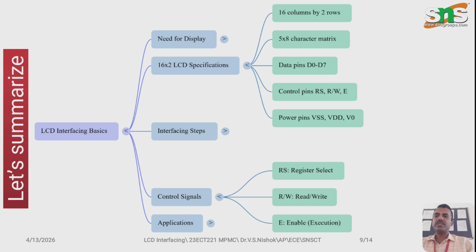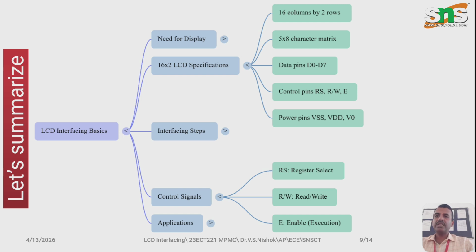As a summary of this video, we have seen the LCD interfacing basics. The main topics we discussed are need for the LCD display, 16x2 LCD specifications, interfacing steps, control signals and applications.